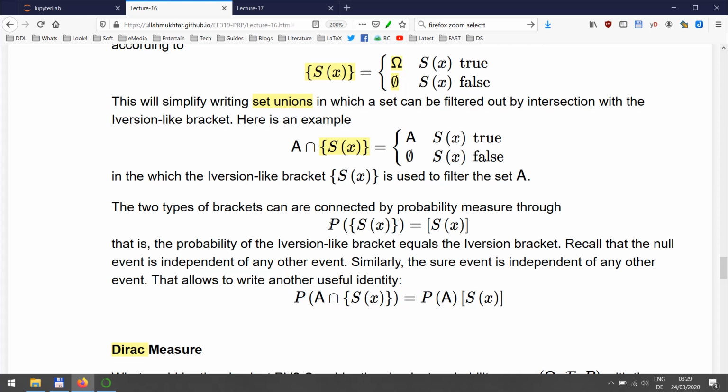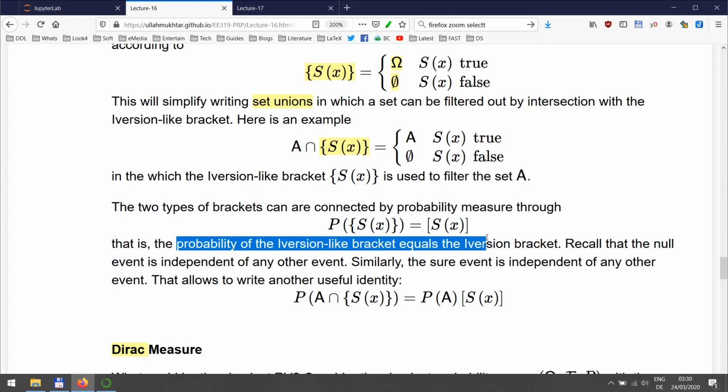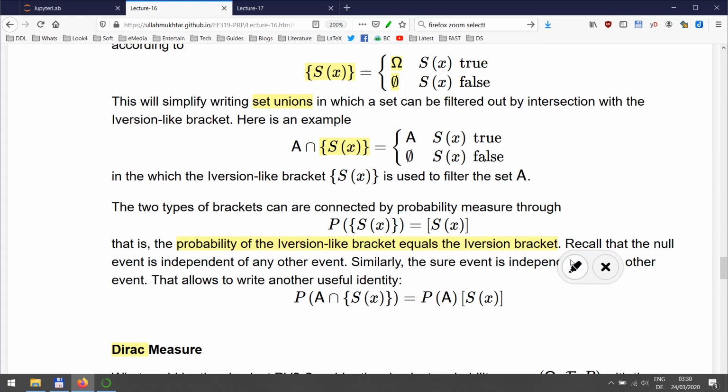If I apply the probability measure to the Iverson-like bracket applied to some logical statement, this probability will either be a 1 or a 0 depending on whether this is true or false. So it actually gives me the Iverson bracket. You can read this out loud to see the connection: the probability of the Iverson-like bracket equals the Iverson bracket itself.